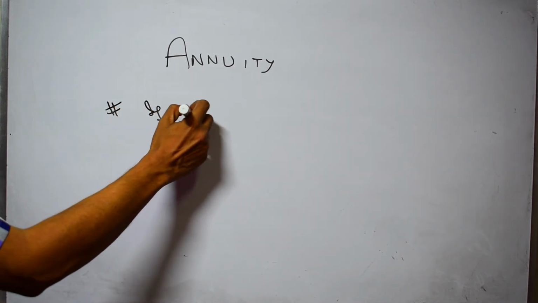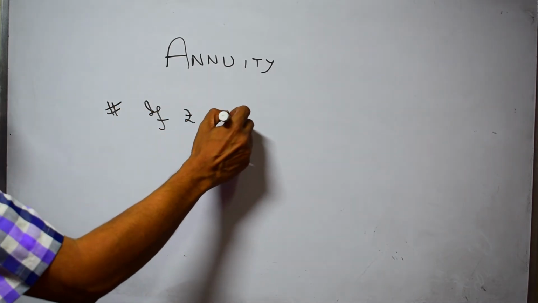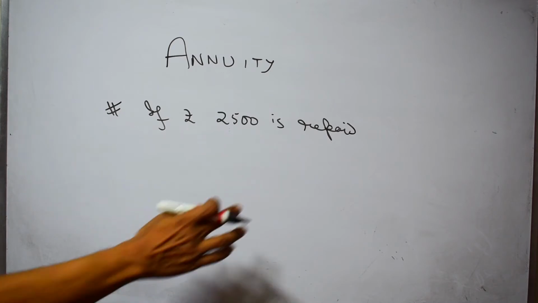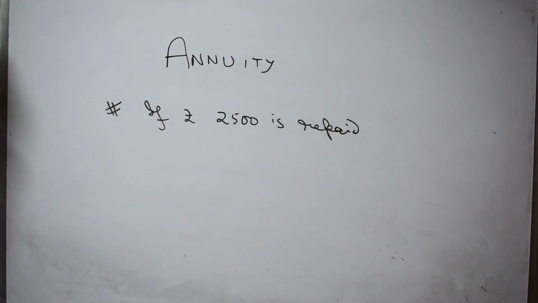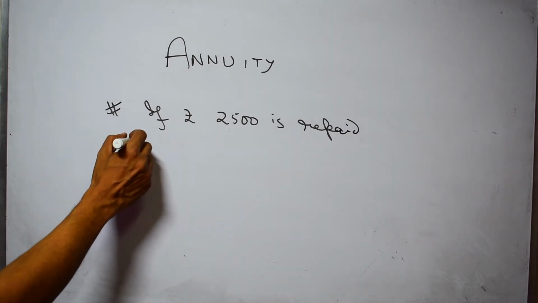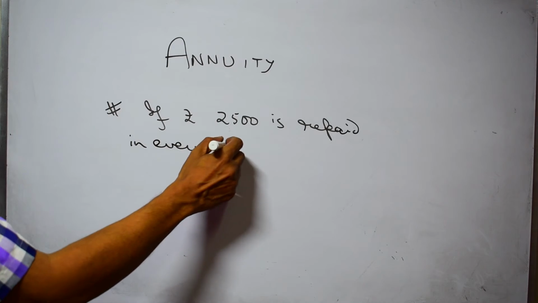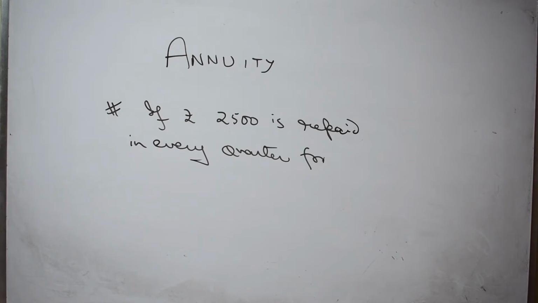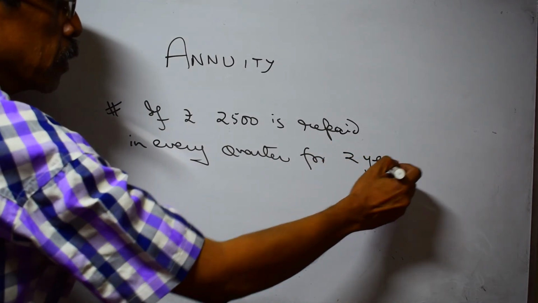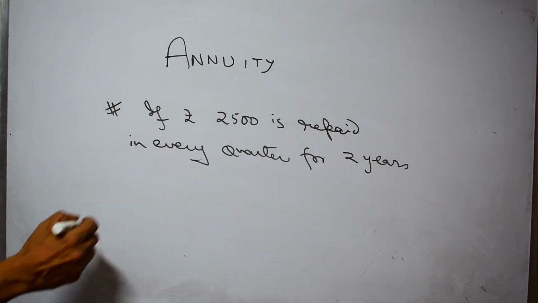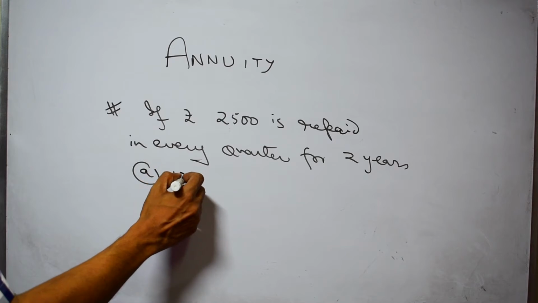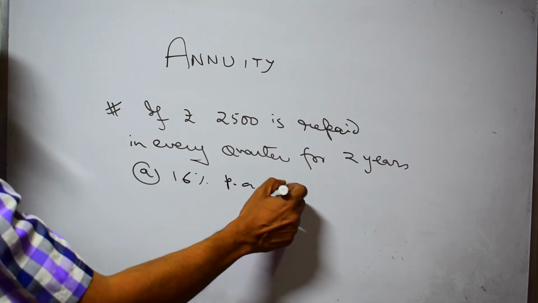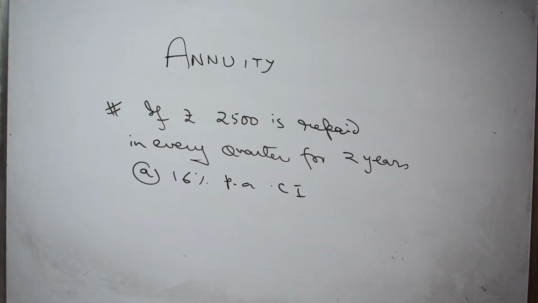If rupees 2500 is repaid every quarter for 2 years, at the rate of 16% per annum CI, find the total loan.